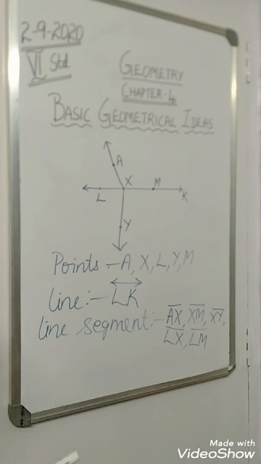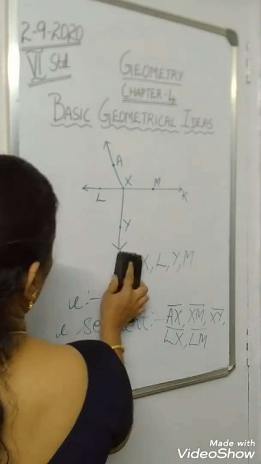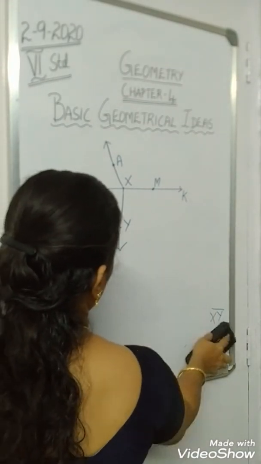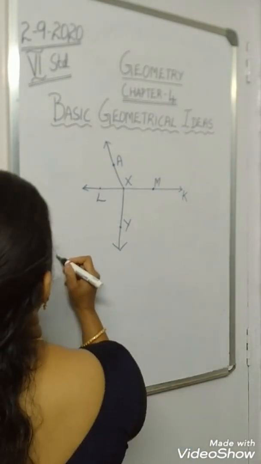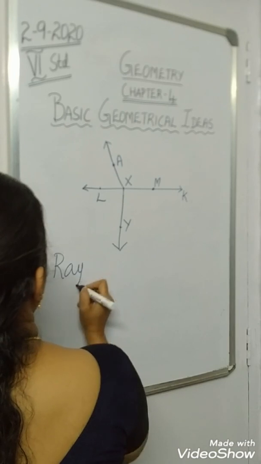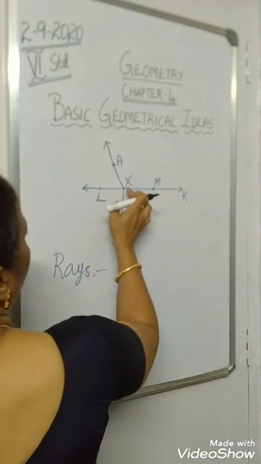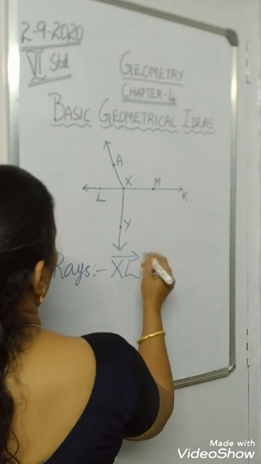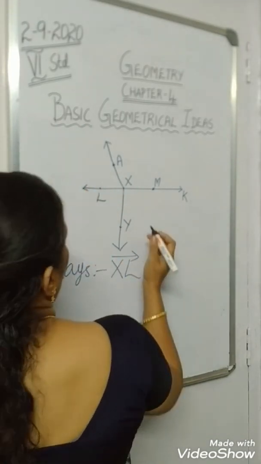Can you tell a few rays here? Let me show you. Can you name a few of the rays? XL is a ray. Is it or not? X is the starting point, and L is towards this side.